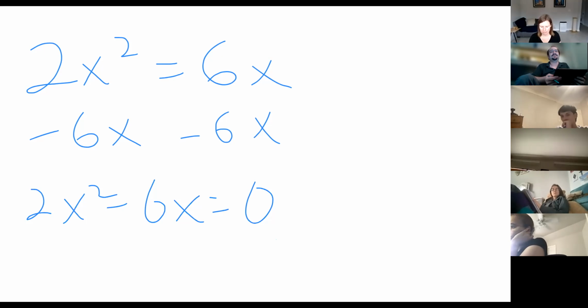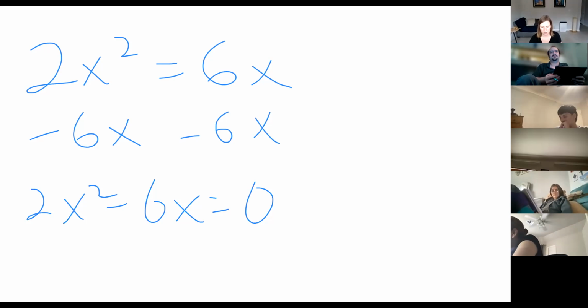After we set one side equal to 0, we have something like 2x squared minus 6x equals 0. I'm thinking about factoring. So if I'm thinking about factoring, what am I doing? What's the first thing? Are we in the 14E? I'm looking at 14B right now, 2x squared minus 6x.